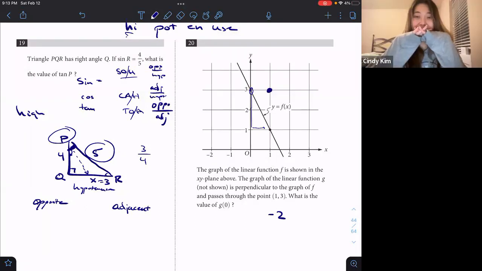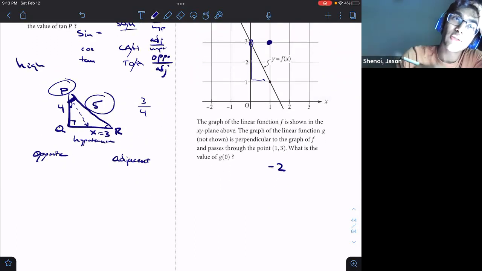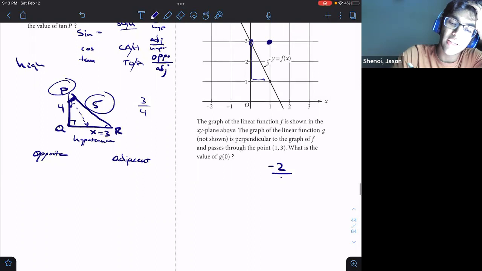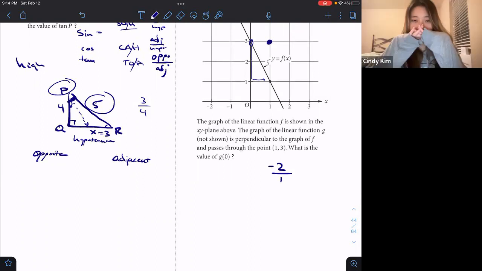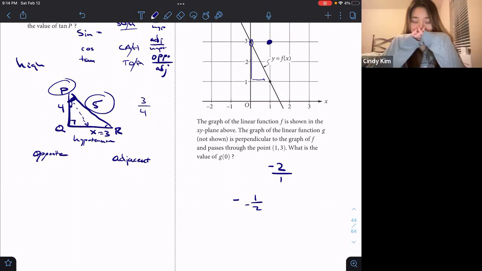Negative reciprocal. But you don't know what that means. Okay. So for a reciprocal, assume this was -2/1. The negative reciprocal would be 1/2, because we flip the numerator and denominator. That's what reciprocal means. Does that make sense? Yeah. Okay.